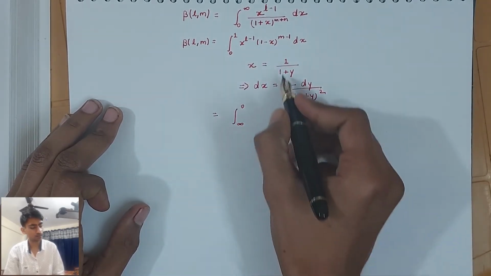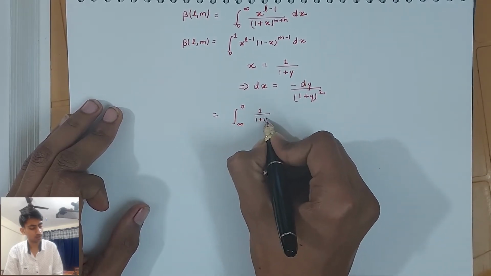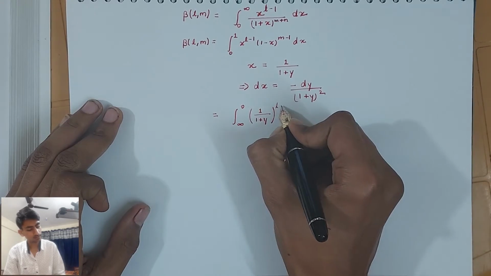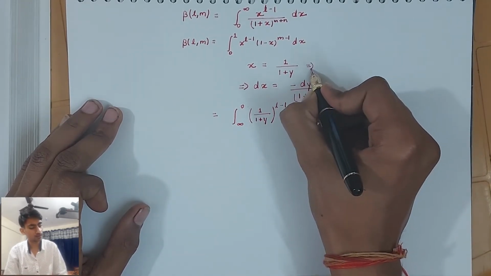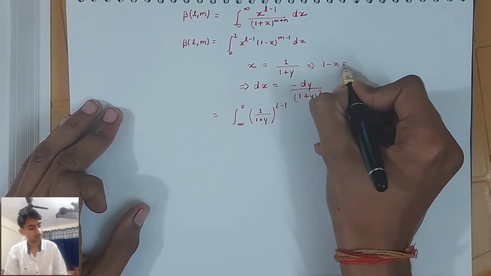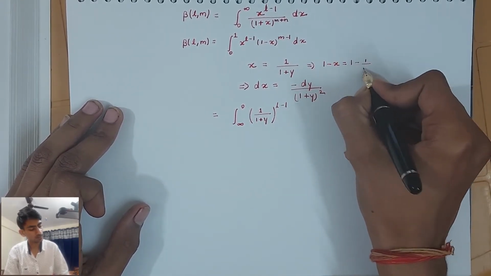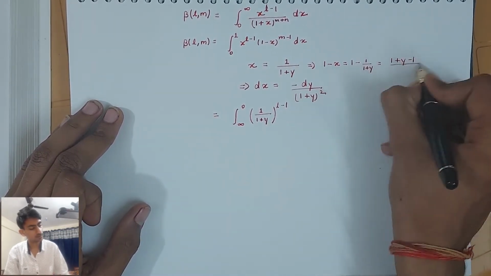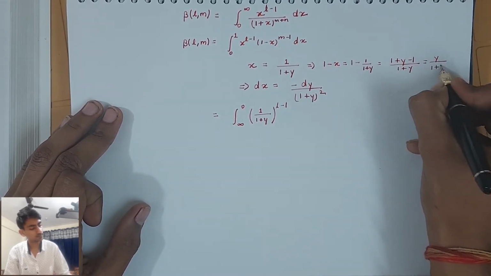In place of x I would write 1 by (1 plus y) to the power l minus 1, and from here I can write 1 minus x as 1 minus 1 by (1 plus y), and it is (1 plus y minus 1) by (1 plus y), and it is y by (1 plus y).